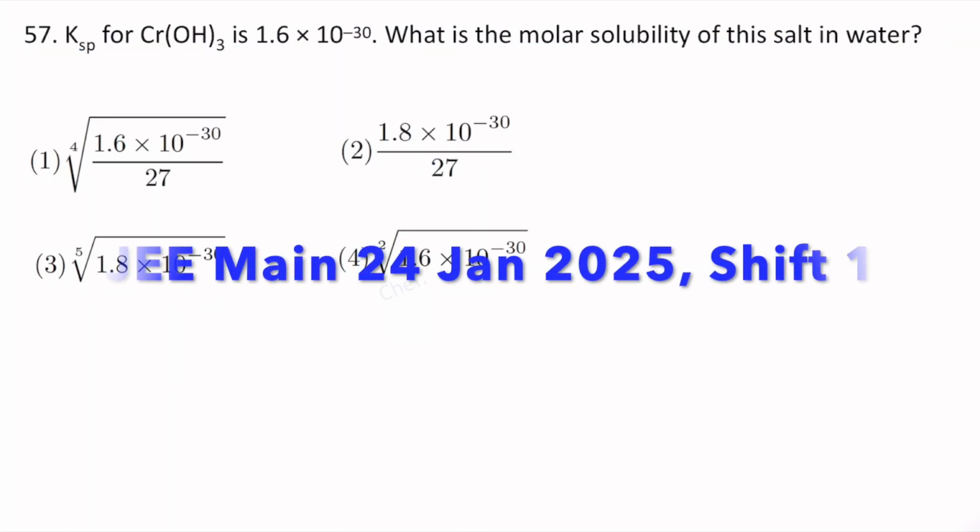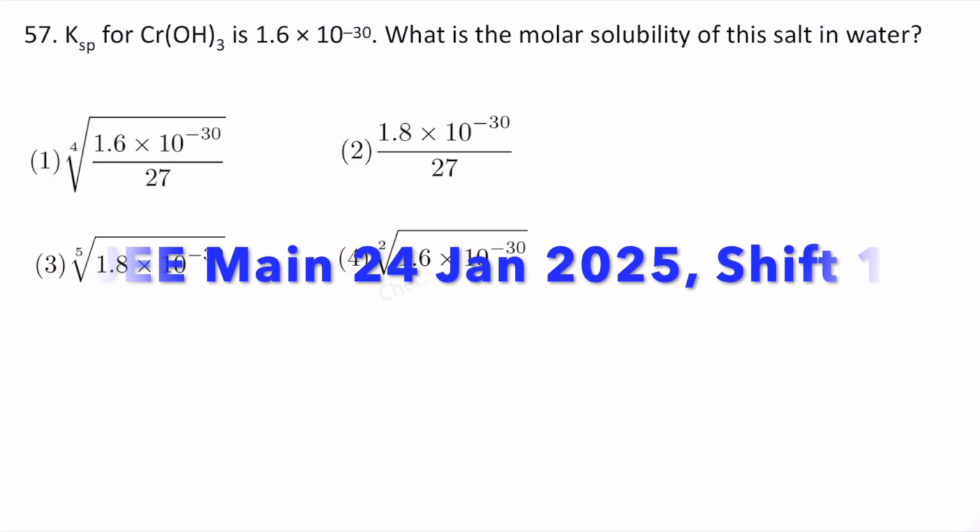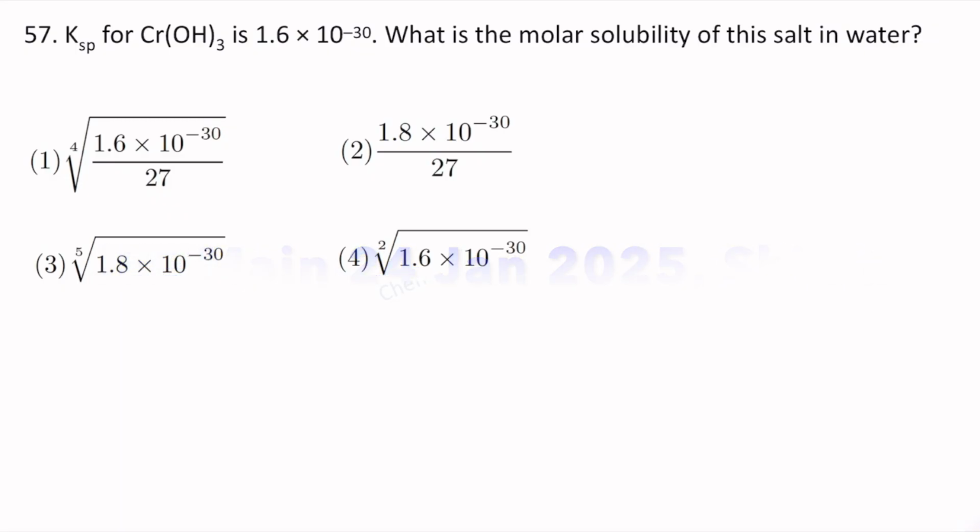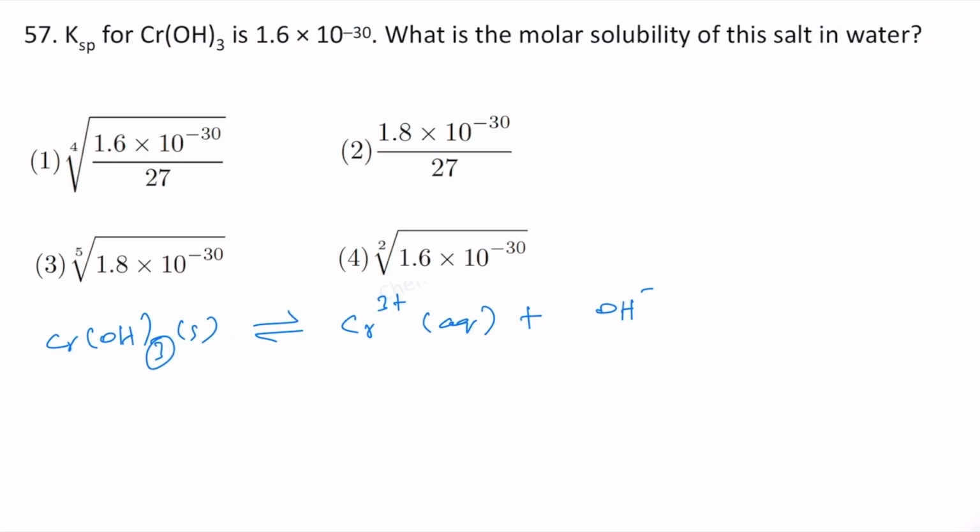The solubility product for chromium hydroxide is given as 1.6 times 10 to the power minus 30. In that case, what is the molar solubility of this salt in water? Chromium hydroxide solid would dissociate as chromium 3 plus, because we have 3 here, plus OH minus.